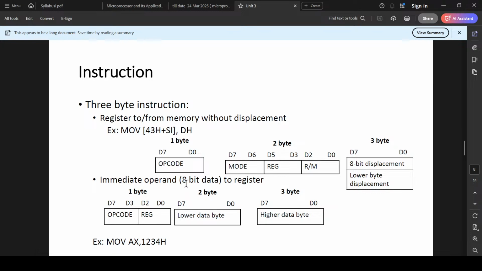So 8-bit data to register. So this is the register: opcode, lower data byte, higher data byte to the register. This is the register 1, 2, 3. So 1, 2 will consist, 3, 4 will be here, and 1, 2 will be here.